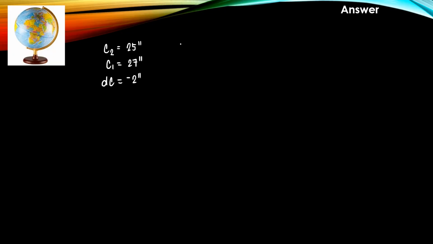The problem, guys, is we don't know the radius, but we know the circumference. You know that the formula for the volume of a sphere is 4/3 pi r cubed. The problem is I don't have the r, but I know that the formula for the circumference is 2 pi r. Therefore, r is basically circumference divided by 2 pi.